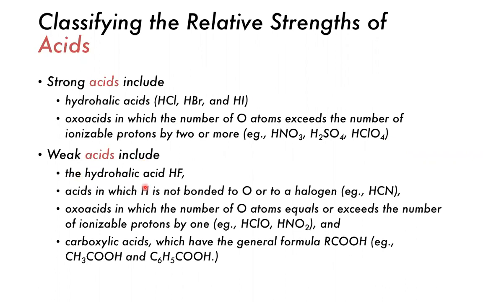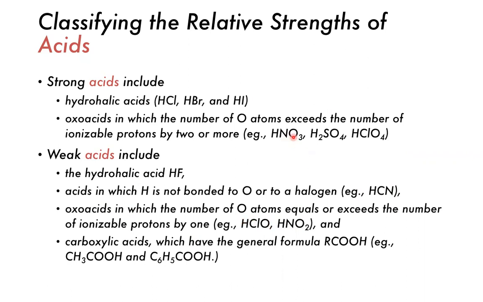So weak acids include the hydrohalic acid HF, and acids in which H is not bonded to oxygen or to a halogen, such as HCN, hydrocyanic acid. Also weak are oxoacids in which the number of oxygen atoms equals or exceeds the number of ionizable protons by 1. So the number of oxygens here is equal or just slightly more than the number of hydrogens. This has got 2 oxygens for every hydrogen, and this has got 1 oxygen for every hydrogen.